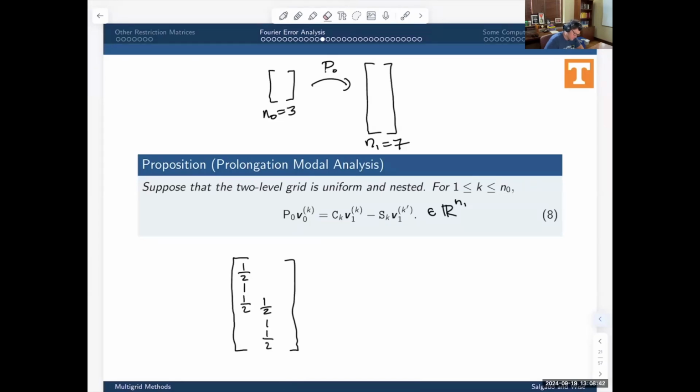That's not a very good drawing because it's going way down. It continues like that. So that's what the prolongation looks like. So I'm going to start with this and try to show that what I get looks like multiplication of vectors using these rows.